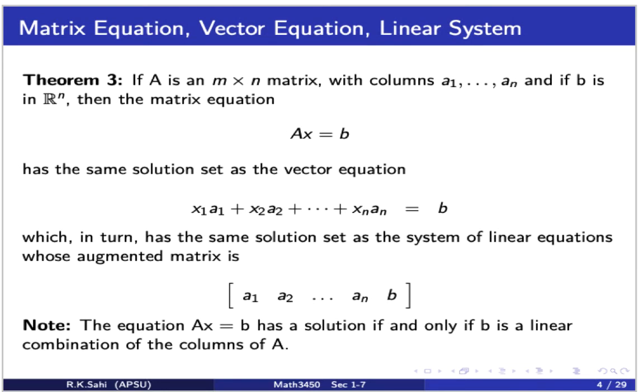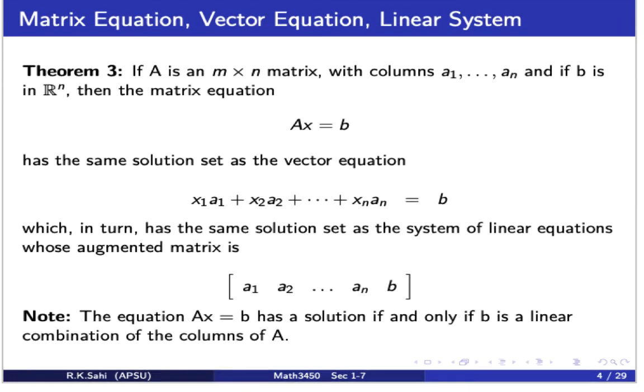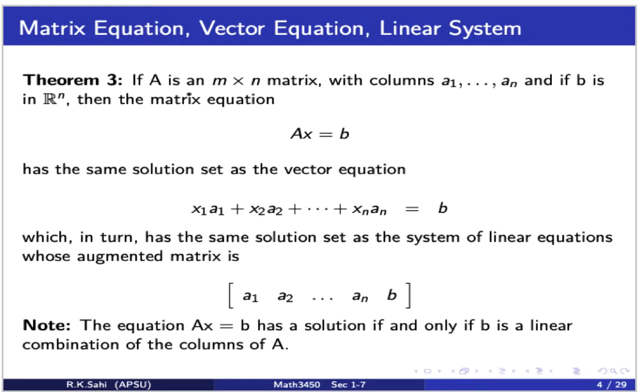As we have discussed many times earlier, the relationship between matrix equation, vector equation, and linear systems. If A is an m by n matrix with columns a1 to an, and if b is in Rm, then the matrix equation Ax equals b will have the same solution set as the vector equation x1a1 plus x2a2 plus ... plus xn an equals b, which in turn has the same solution set as the system of linear equations whose augmented matrix is given by [a1, a2, ..., an, b].